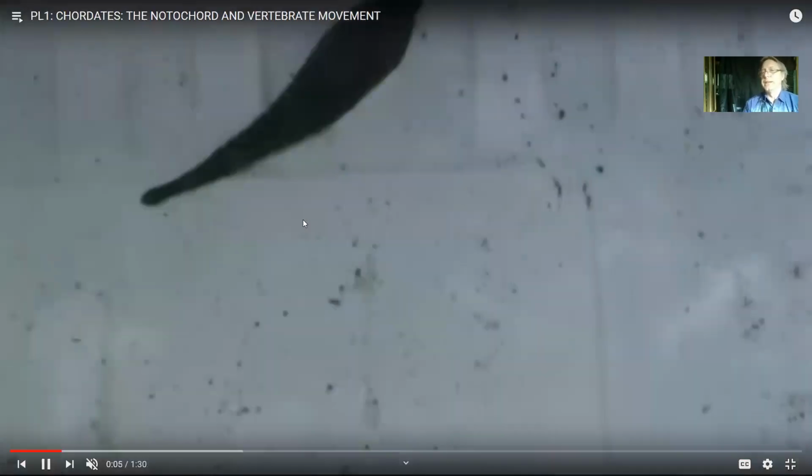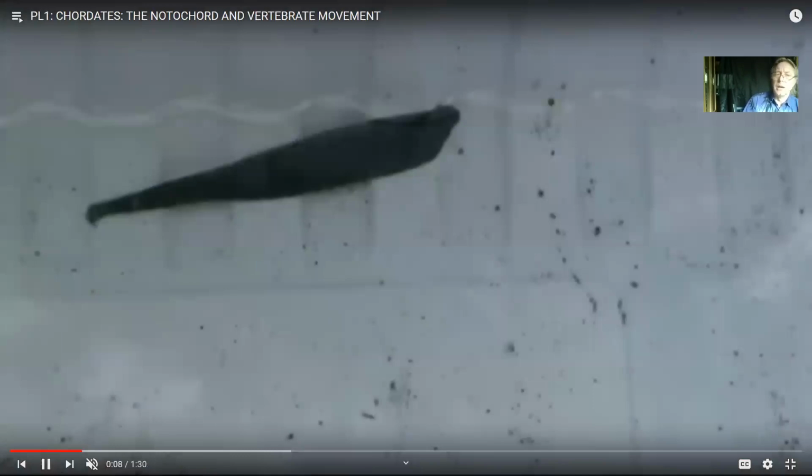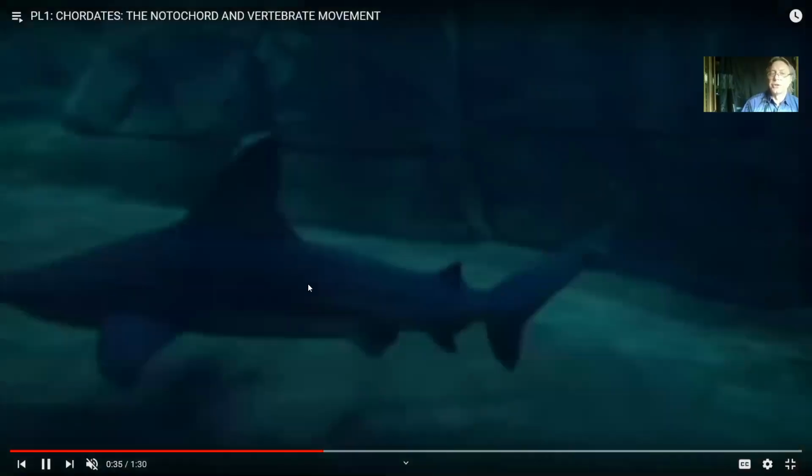It's not moving in that S-shaped wriggle because it doesn't have a support rod going down its back. So the types of movement which you find in the non-chordates are different, because once you get that support rod going down the back, that notochord, and in later vertebrates, this vertebral column would then form around it, this allows a new type of movement, that S-shaped pattern, which is how the fish swim.